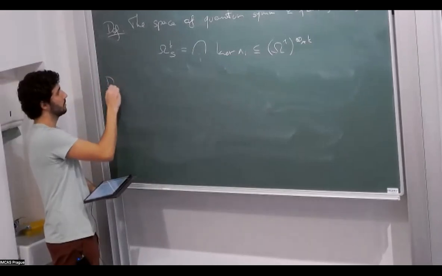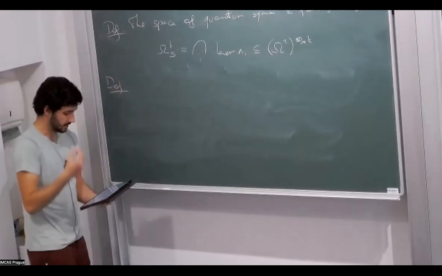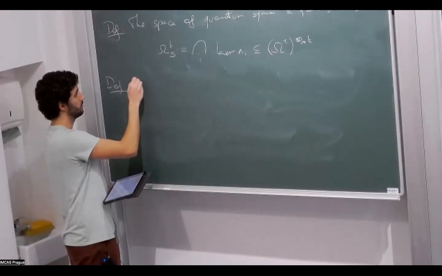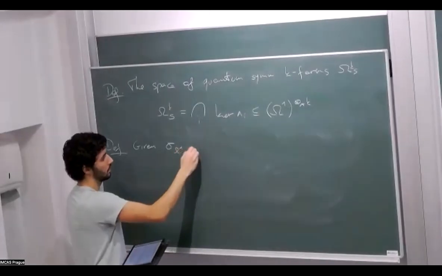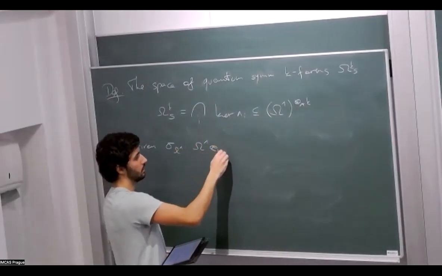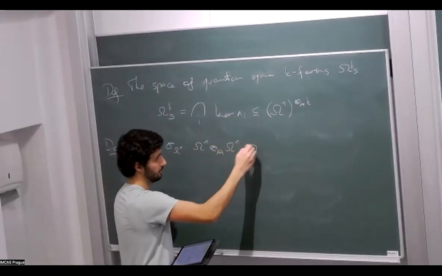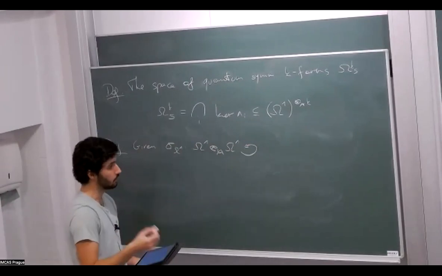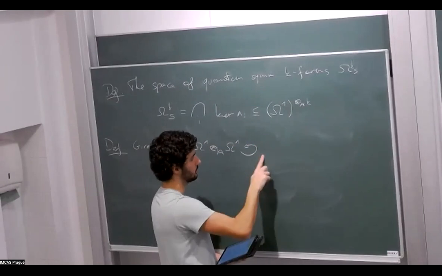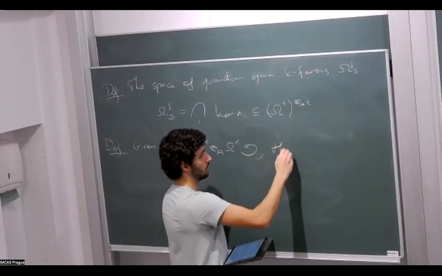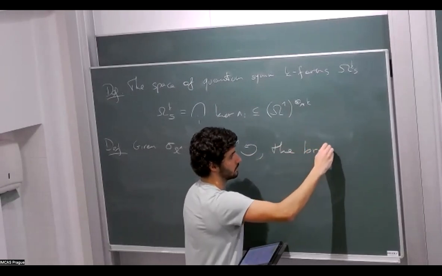And then, the braided binomials: the idea here is that given a braiding sigma that goes from omega 1 tensor omega 1 to itself, we can define the braided binomial maps.